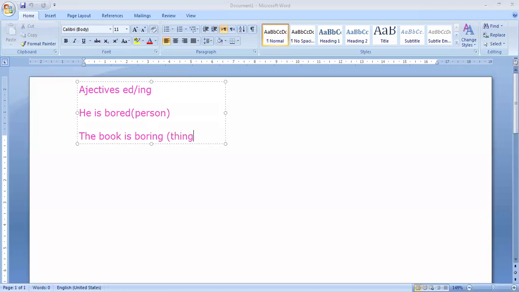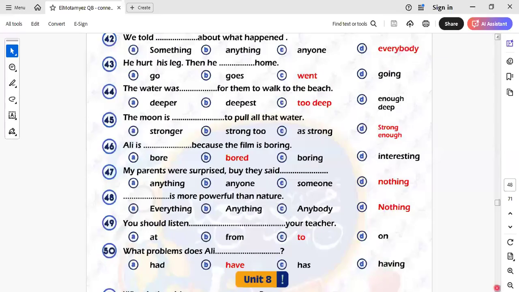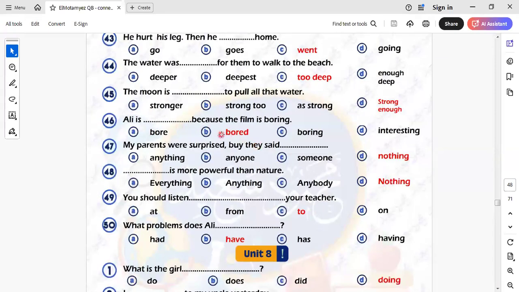This is the difference between adjectives in the -ed form and adjectives in the -ing form. Let's continue our revision today. Here we say Ali is bored because the film is boring. So the film is boring, and I was describing the emotion of Ali, bored of this film. My parents were surprised by it, they said nothing.